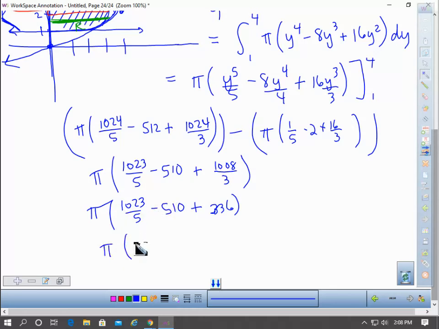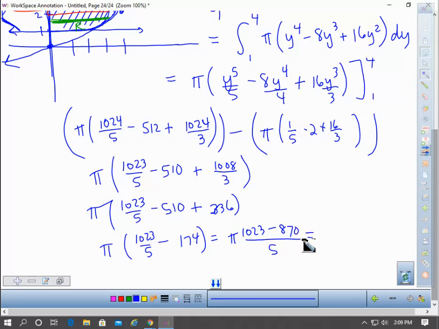So pi times 1023/5 minus 174. All right. So now to simplify this, I'm going to change everything to fifths because I want to do it as an actual answer first. So that would be 1,023 minus, changing this to fifths, 174 times 5 is 870.